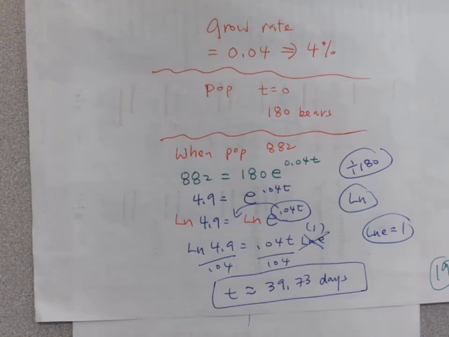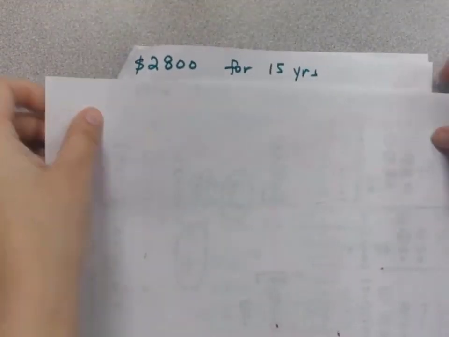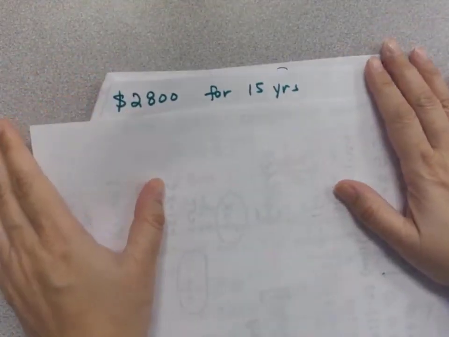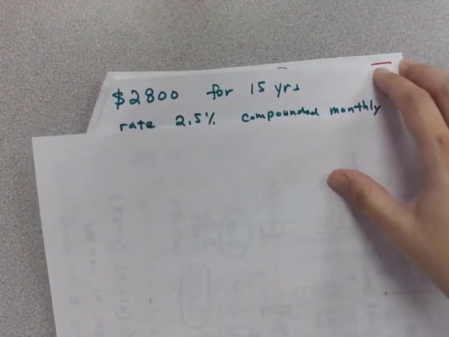Very, very last question for today is the interest rate problem. Okay, so let's see. If we have $2,800, we want to put it in the bank for 15 years.